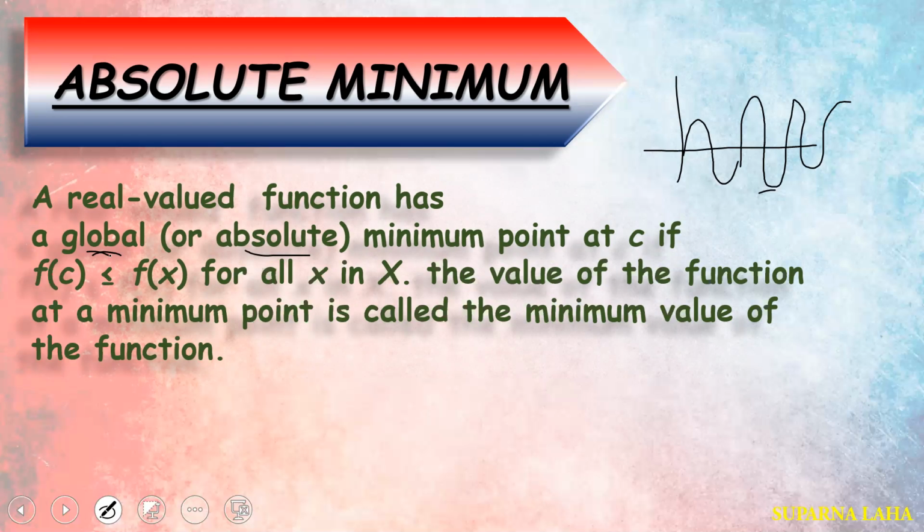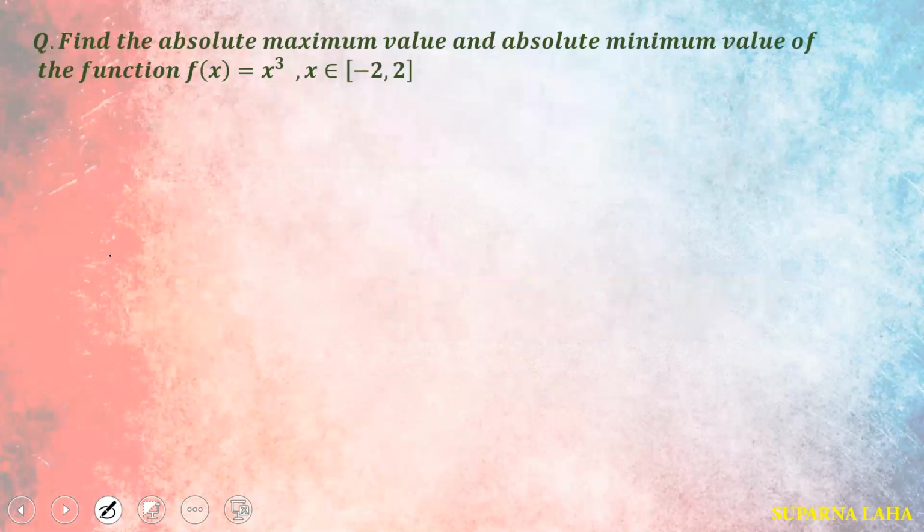So let's take some examples. Find the absolute maxima and absolute minimum value for the function f(x) = x cube. We know f(x) = x cube over all of R is an increasing function, always increasing.